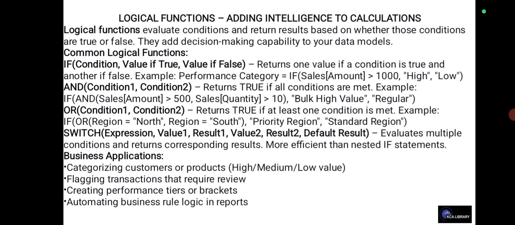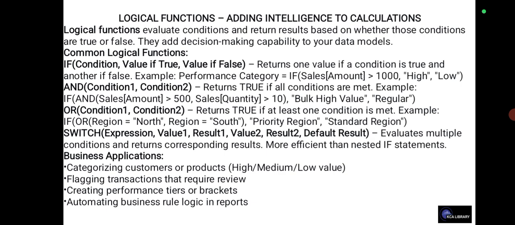Then the AND function takes two conditions, condition 1 and condition 2. It returns true if all conditions are met. Maybe if all the sales are of high value, or there's that area where there are high sales. That means for two different products having high sales, you can use the AND function. Then the OR function.